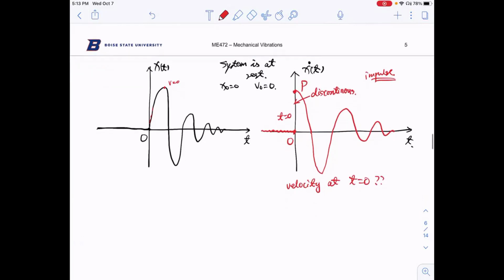But what we usually do is, instead of using time equal to 0, we assume time equal to 0 minus, or negative 0. Based on this definition, mathematically what it means is you start from negative infinity. So you look at this equation starting from negative infinity, and then assume it approaches 0 from that direction.